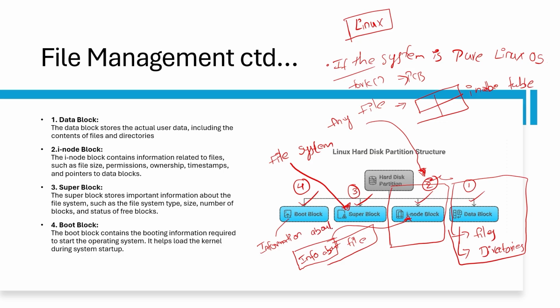It means where the operating system is stored, how to load the kernel into the RAM, and what steps to follow during setup. All this information is present in the boot block. Is it clear?